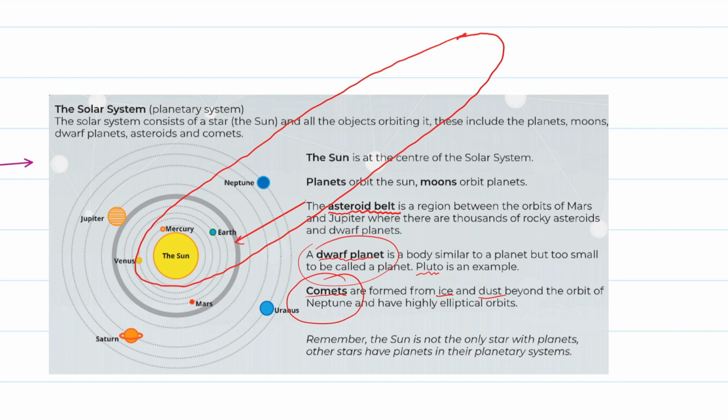And similarly, some asteroids can come in from a long way away and then go close to the sun. You might have watched some of those films. What's the one with Bruce Willis? I'll have to pause the video and find out.